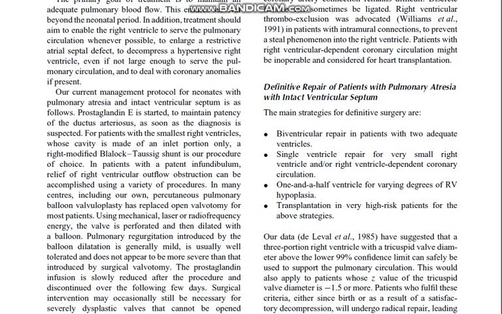Definitive repair of patients with pulmonary atresia with intact ventricular septum. The main strategies for definitive surgery are biventricular repair in patients with two adequate ventricles, single ventricular repair for a very small right ventricle and or right ventricle dependent coronary circulation, and 1.5 ventricle repair for varying degrees of right ventricular hypoplasia.